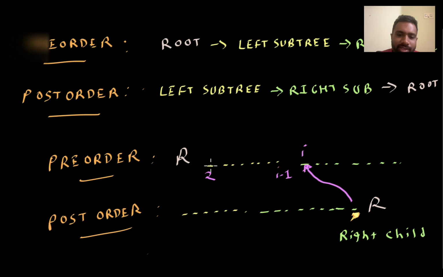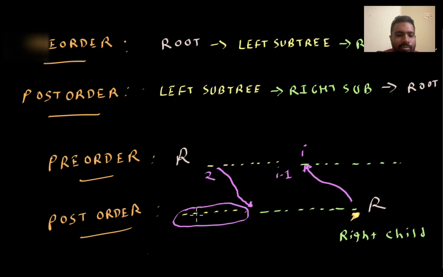Now the same property you apply. The first node you have identified as the left child, it will definitely be the last node in the post-order traversal of the left subtree. So you can identify these segments very nicely in this case, this segment to this segment.